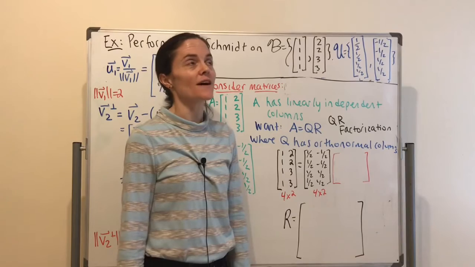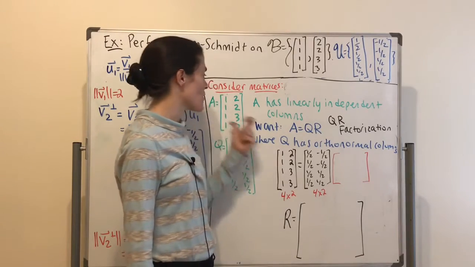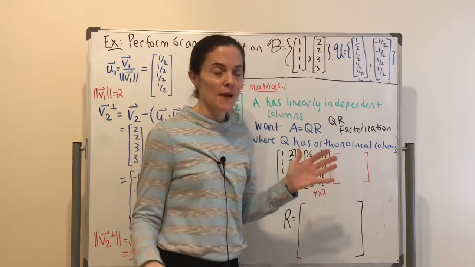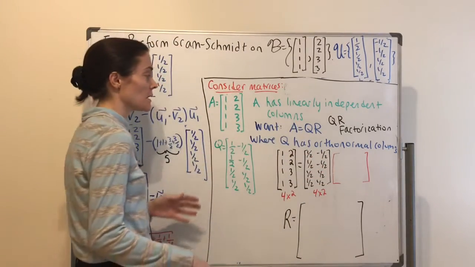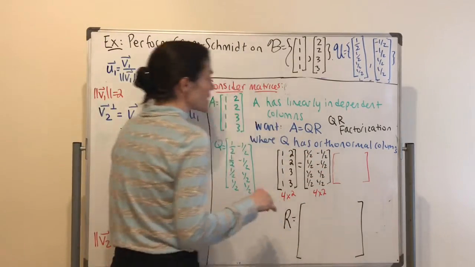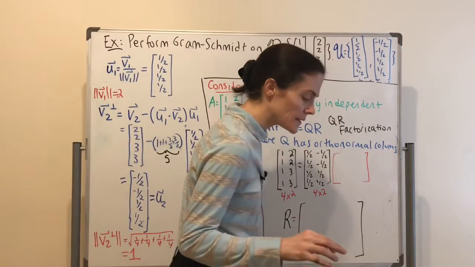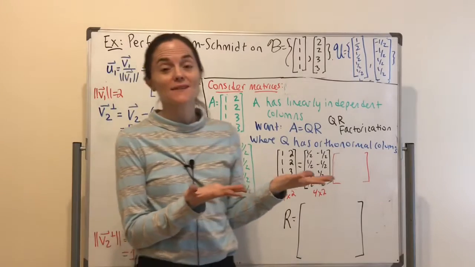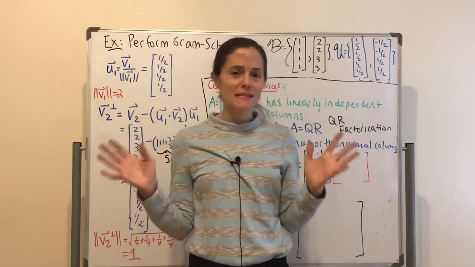So far, nothing is new. We have A, we've been calculating Q. Well, it's new as of today, but it's nothing new I'm writing down. But the question is, what is R? Now, I'm about to do some stuff that looks a little bit technical.